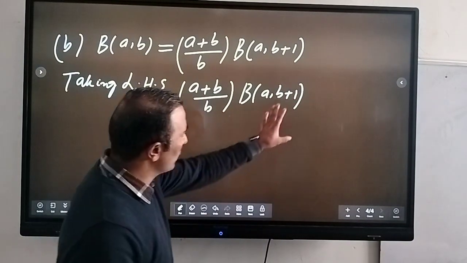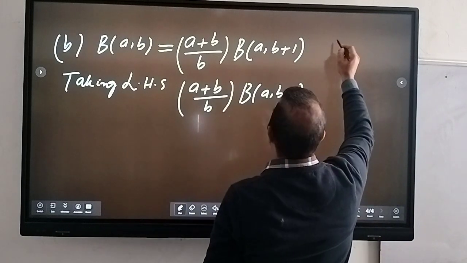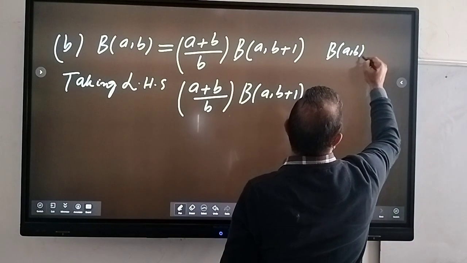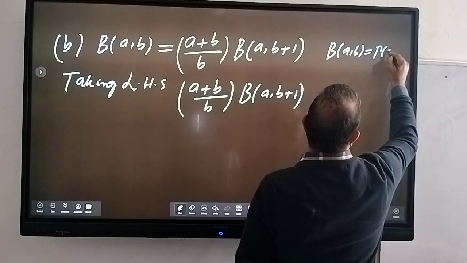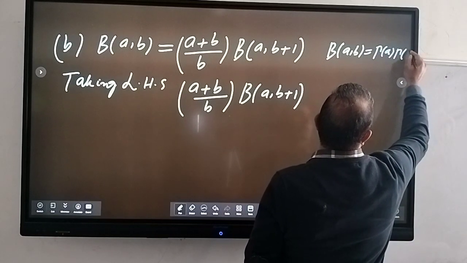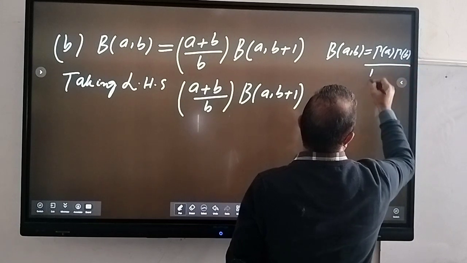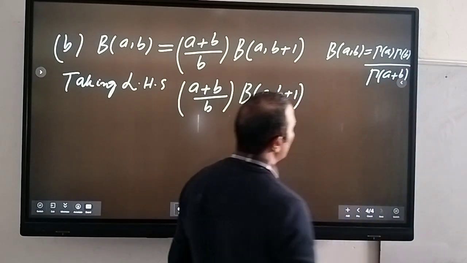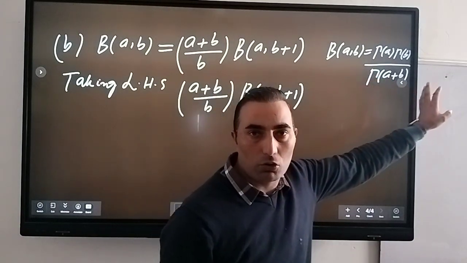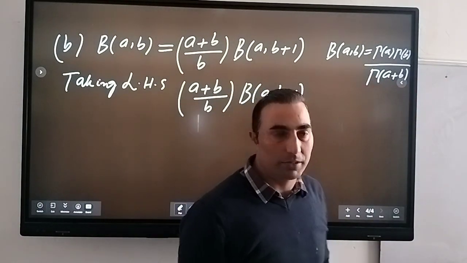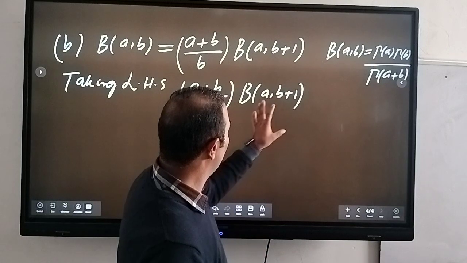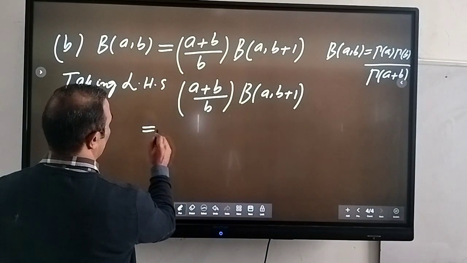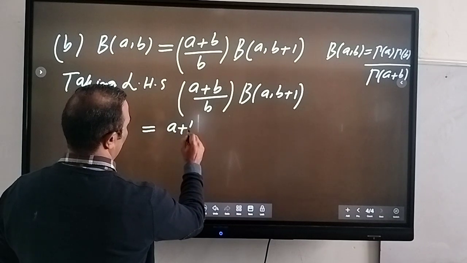Okay. So again use the property. We know that beta of a b is equal to gamma a gamma b divided by gamma of a plus b. So we will use this property here. So we can rewrite this as a plus b.